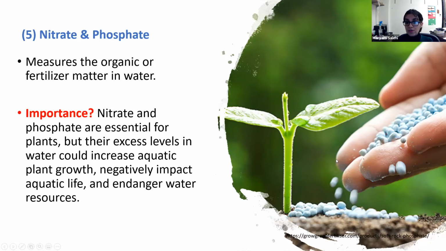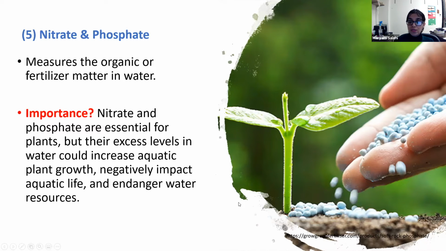The rain washes that fertilizer into the water, and we end up with nitrate and phosphate in the water. These are essential for plants, but if we have excess levels of them in the water, we get something like an algal bloom, and it negatively impacts aquatic life.